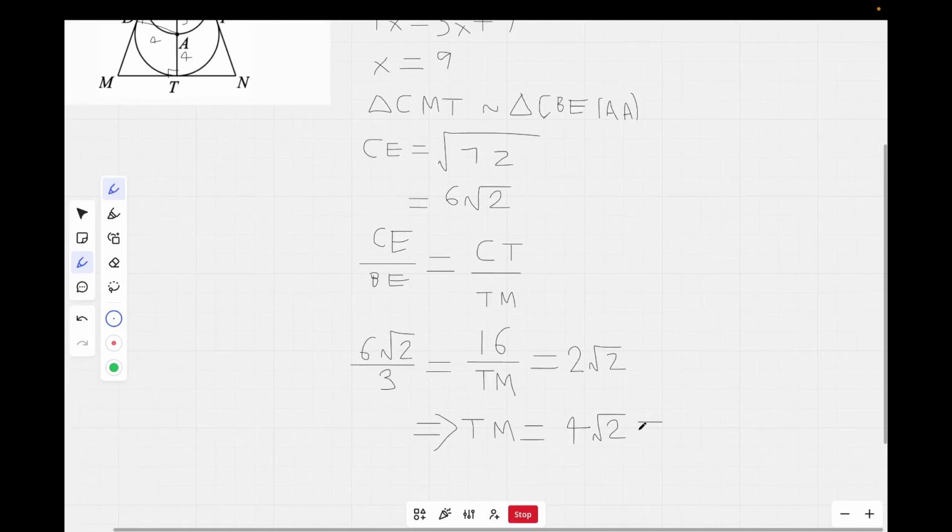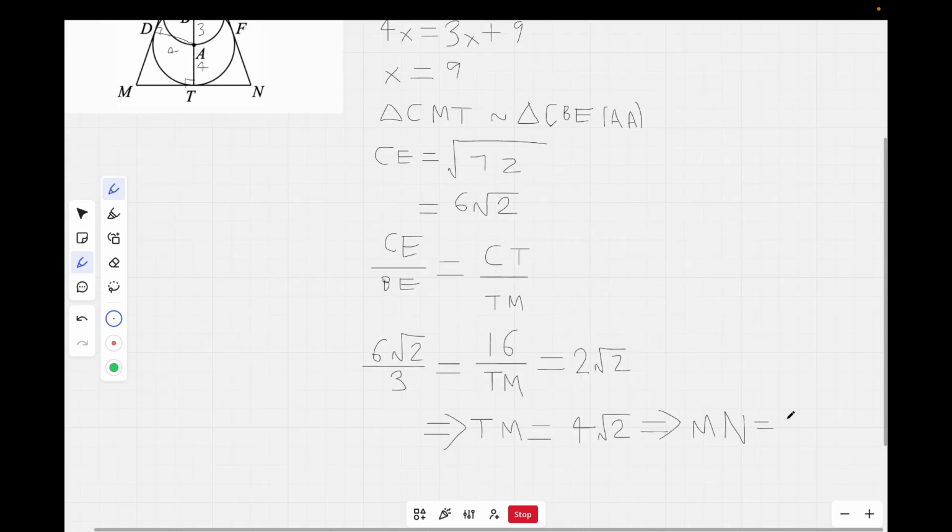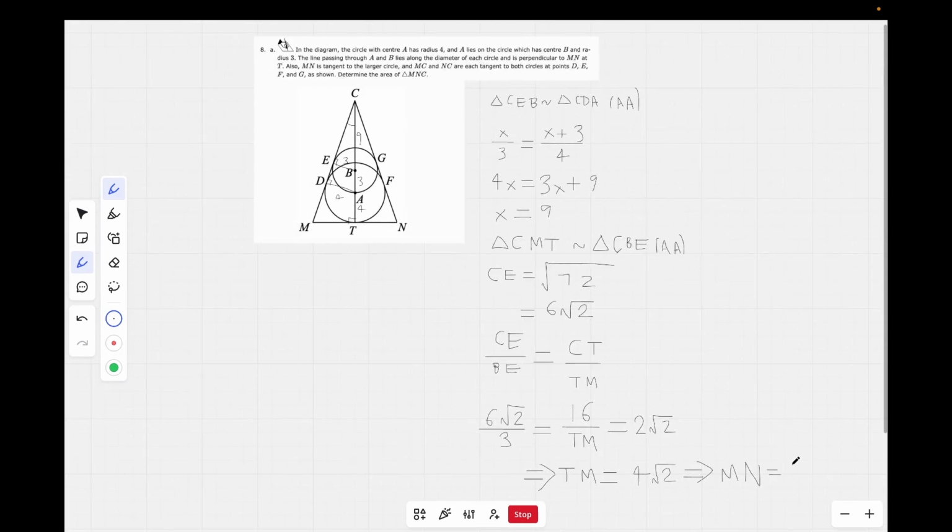We established that TM is half of the base, which is MN. So that means MN is equal to 2 times TM, which is 8 root 2. Let me zoom out so you can see everything clearly. 8 root 2. So for triangle MNC then, you have the base, you have the height. Then you can quickly find the area by just doing base times height over 2.